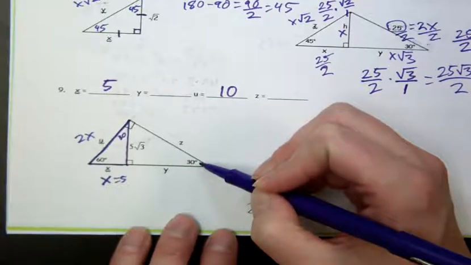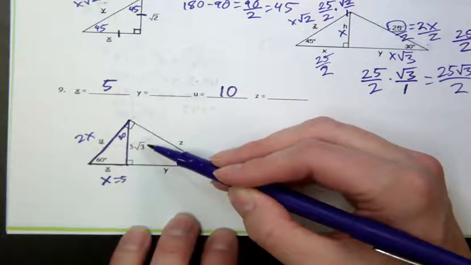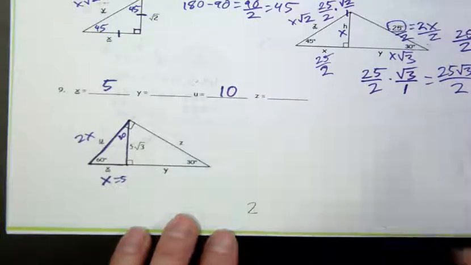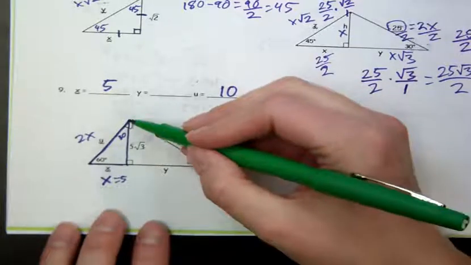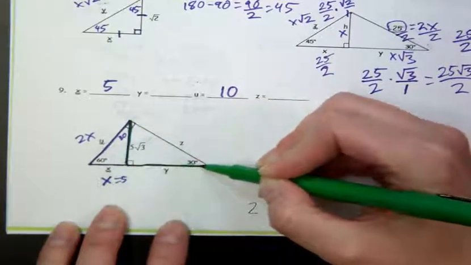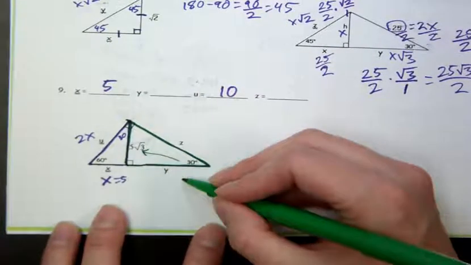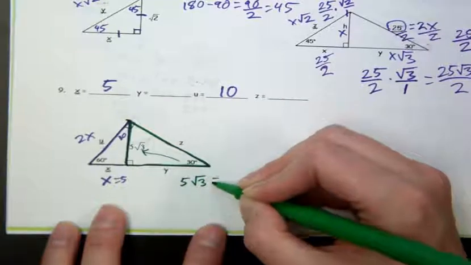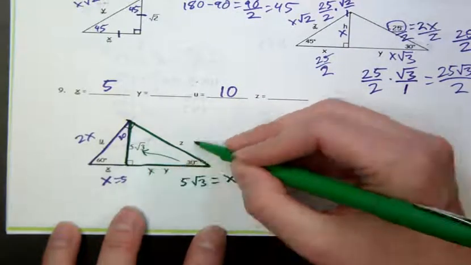And then on this side, is 5 root 3 the x side or the x root 3 side for the other triangle? Yeah, so on the second triangle that they're joined together, that's my x side. So now I have 5 root 3 equals x, and I have to solve for the x and the 2x.